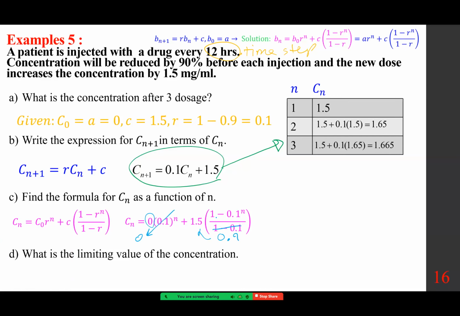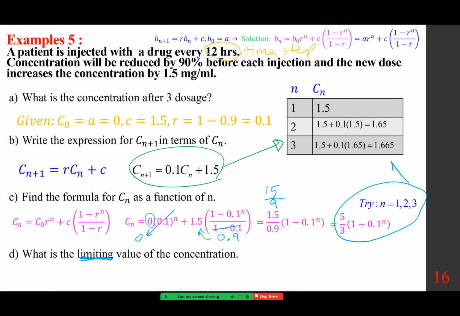We can put this underneath 1.5, and that makes it 15 over 9 or 5/3. We do this because we are interested in finding the limit. It makes it easier that way. Now, notice if we try n equals 1, 2, 3, it gives us this table.